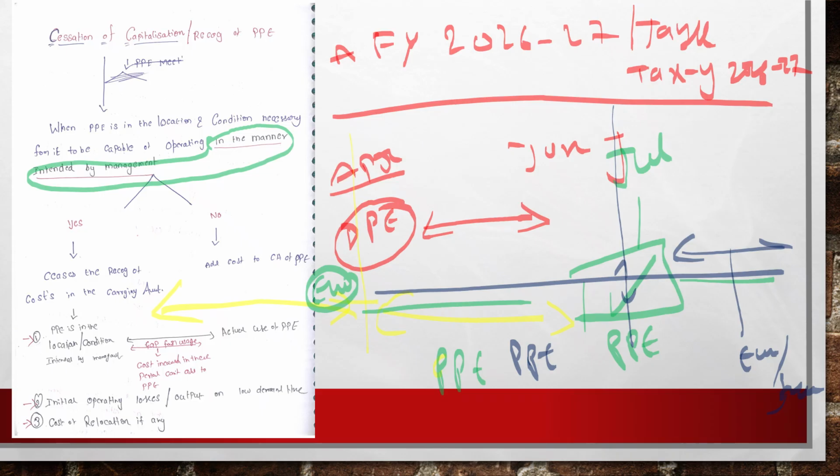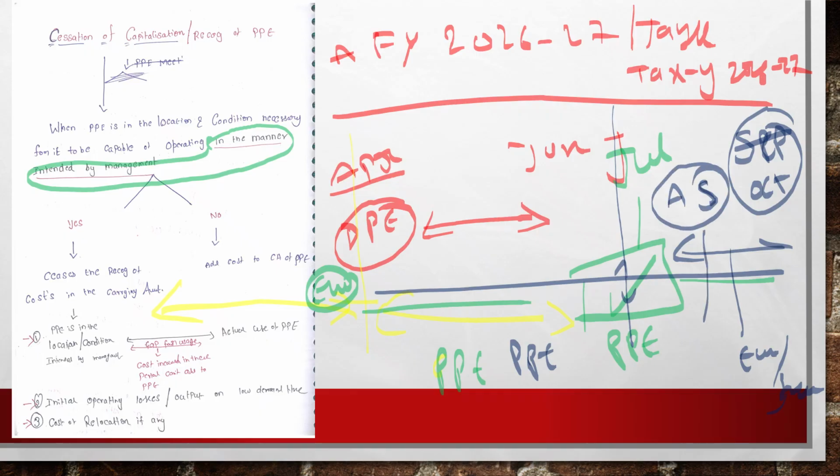But suppose you started using this machine in the month of September or October. From the August and September costs, you should not add to the PPE again. So your actual usage doesn't matter to stop the capitalization.